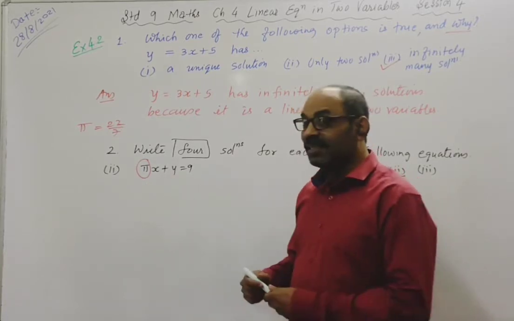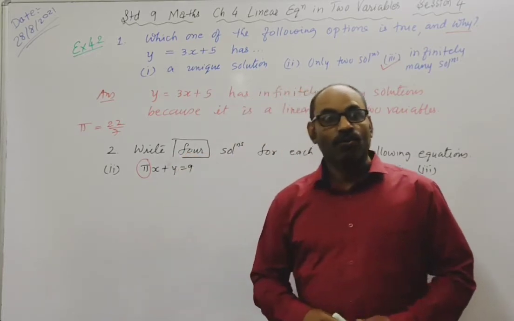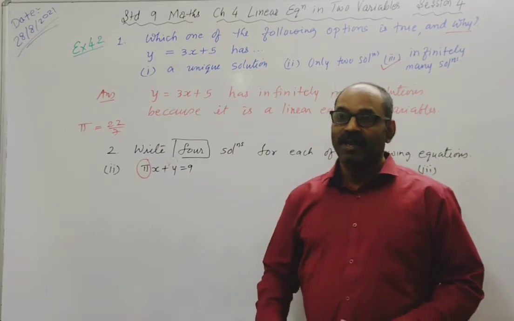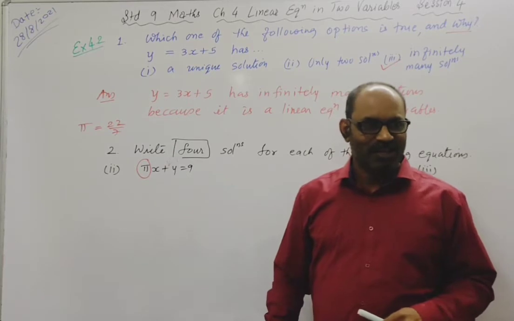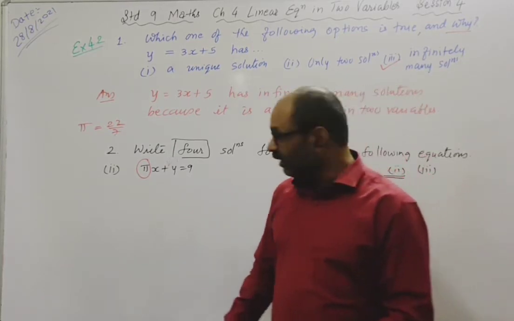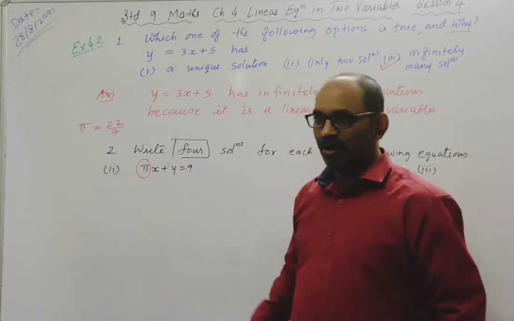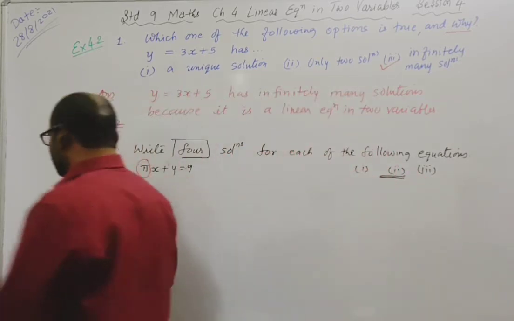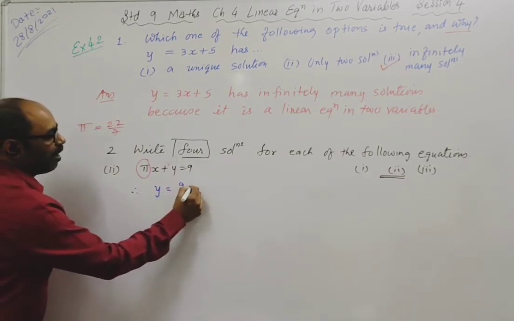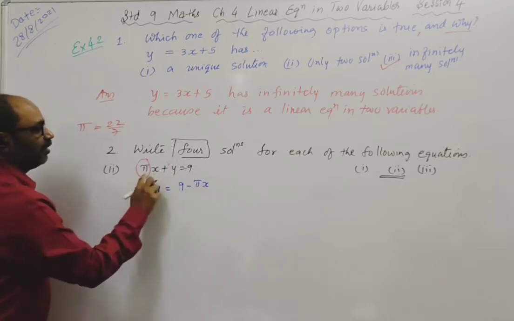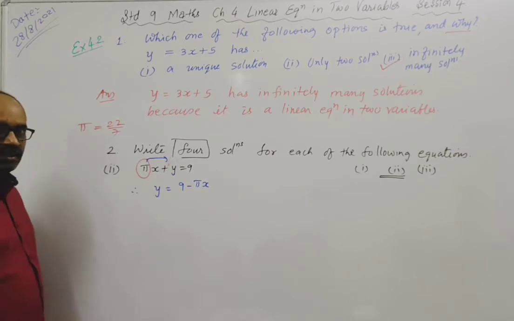So y, whose coefficient is 1, it is more fun to make that the subject of the formula; simplification will be a little easier. So we are going to make y the subject of the formula equation. Therefore, y is equal to 9 minus 5x. This went to the other side. y is equal to 9 minus 5x.